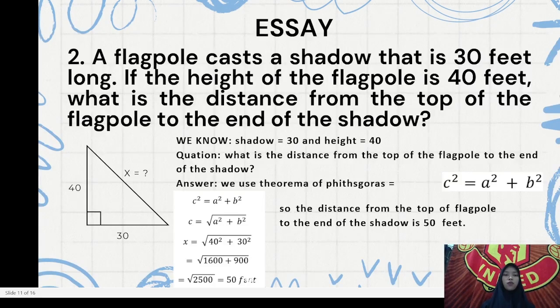C is the root of 40 squared plus 30 squared, which is the root of 1,600 plus 900, the root of 2,500, which is 50. So the distance from the top of the flagpole to the end of the shadow is 50 feet.